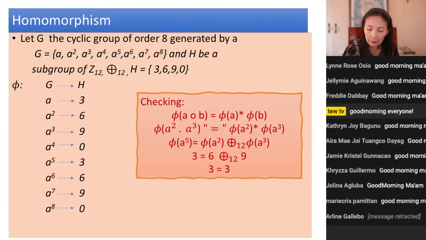So, we made a mapping from elements of G to elements of H, and we called that mapping phi. Phi maps G to H. A is mapped to 3, A squared mapped to 6, A cubed mapped to 9, and so on and so forth. Okay, now, going back to the definition.